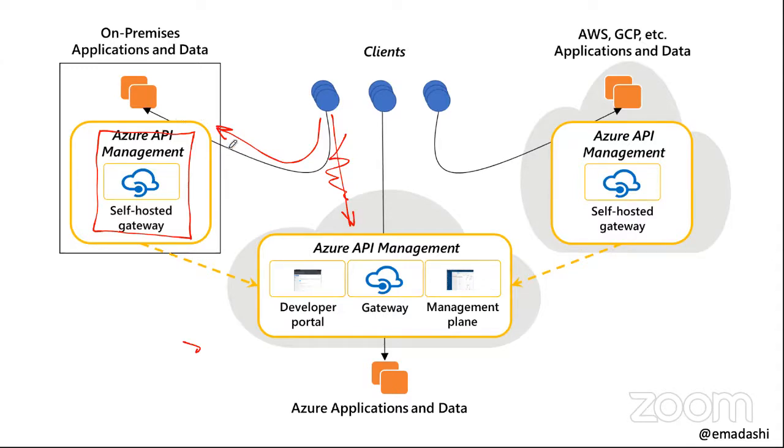So, for example, if you do some transformations on the payload here, the transformation will happen within your data center through the gateway. It will not have to go through the Azure API data center.